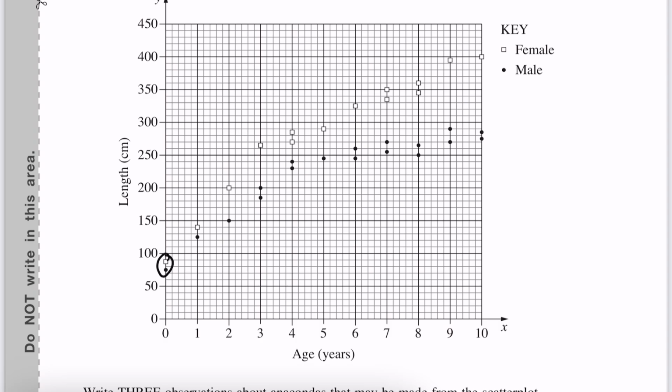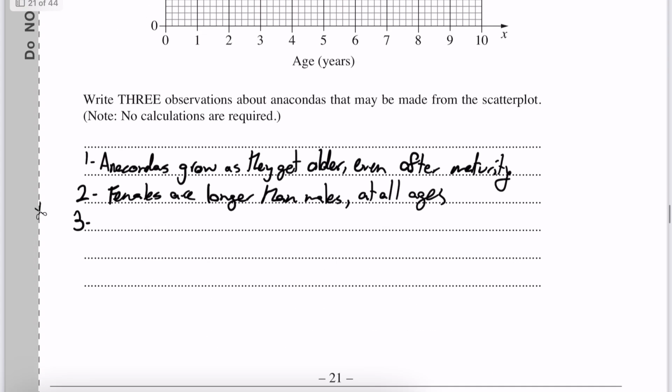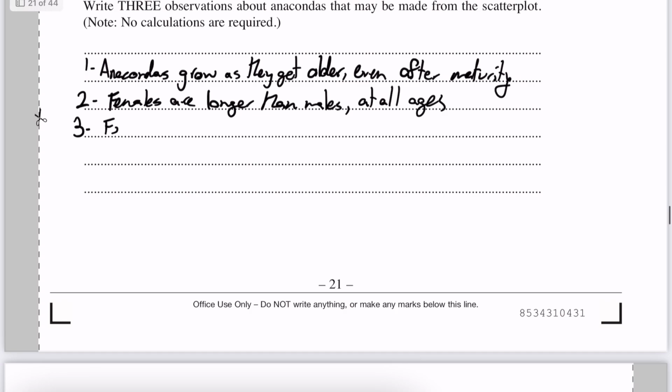You can see that they start at a very, very close point together. Females are still larger than males, but they start quite close. And what we can see is that they get quite far apart, which would indicate that females grow faster than males, okay? So that's our third observation.